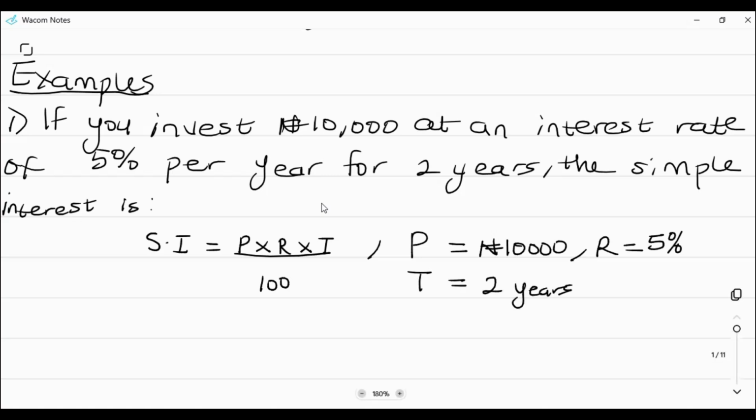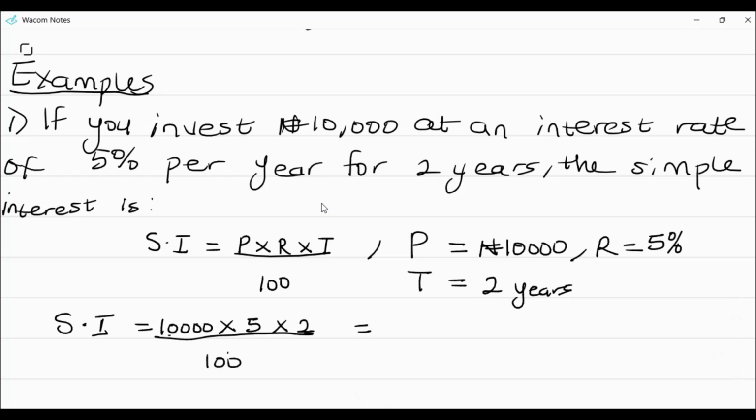So putting this into the formula, we have that SI is equal to P, which is 10,000, times rate, which is 5, times T, which is 2, all over 100. This is going to cancel out this, and we have 100 times 5 times 2.